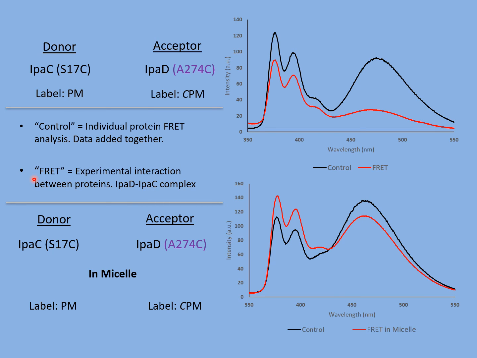And the FRET is the experimental interaction. So IpaC and IpaD combine in a cuvette where a FRET instrument reads it, and we get a red line like this to gauge our actual experimental interaction analysis.